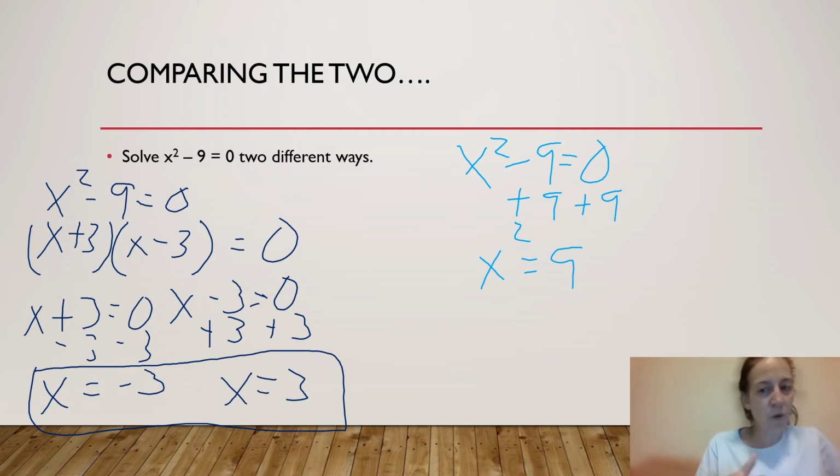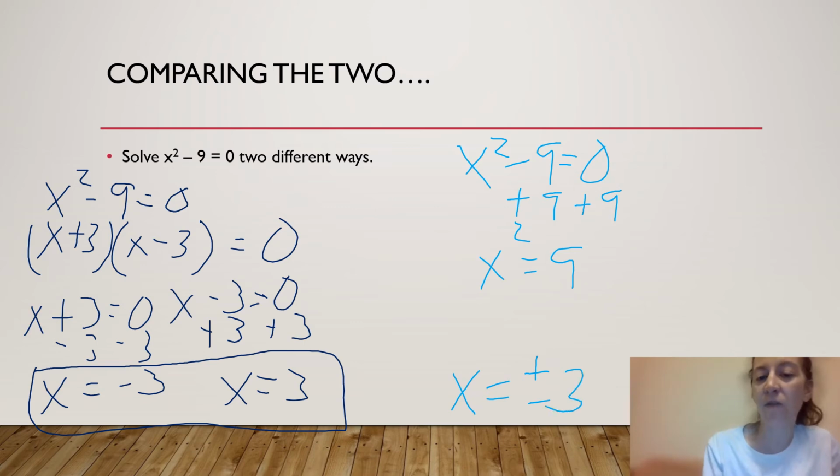Now from this point, you can kind of reason your way out and say, okay, well, what squared gives me 9? And you can reason that out that it would be positive or -3.